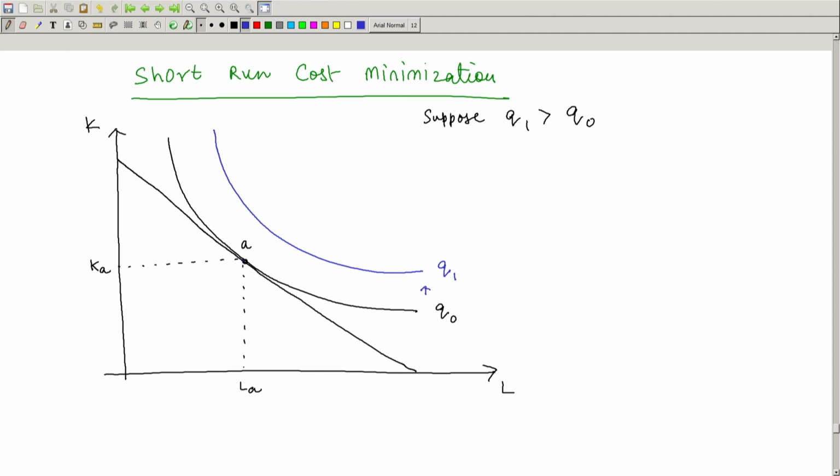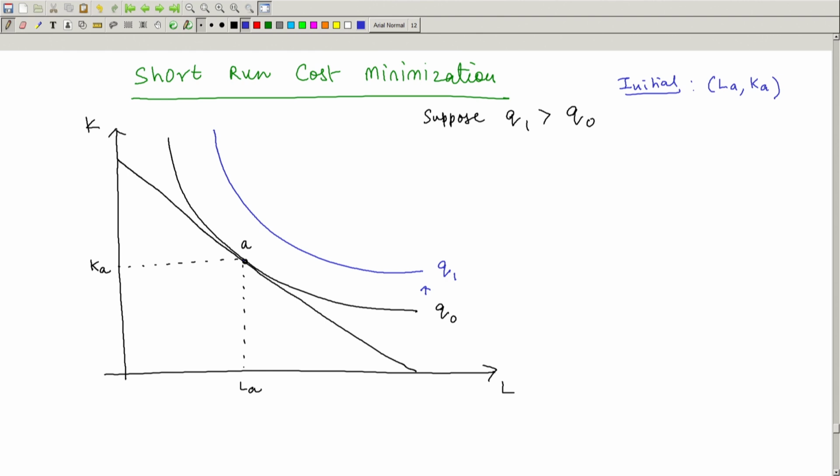Now, clearly the bundle A, the initial optimum for producing Q0 units of output, was LA and KA. Clearly, that bundle is not going to be sufficient to produce Q1 quantity of output. Now, what will the firm do? The firm will again resolve its optimization problem. It will write down the two conditions, that the optimal amount of L and K must be points on this isoquant Q1.